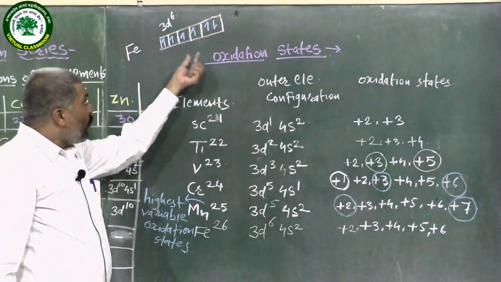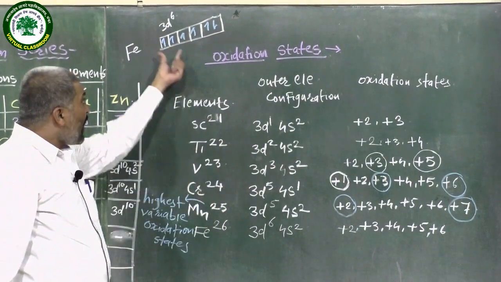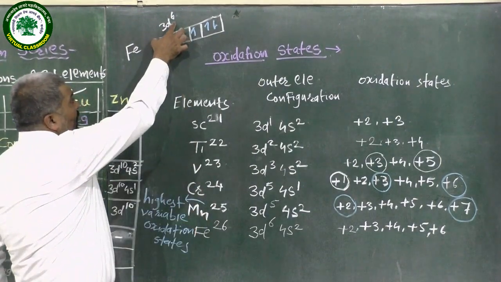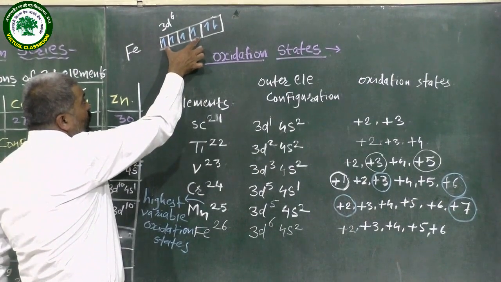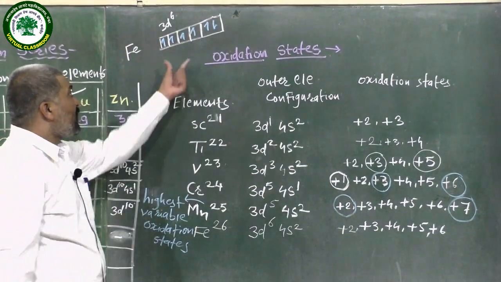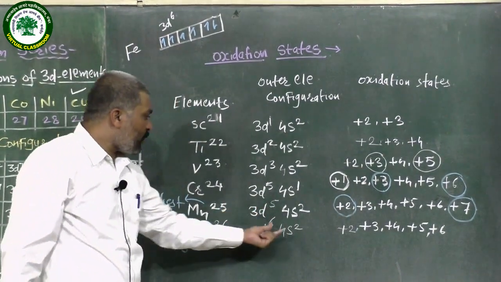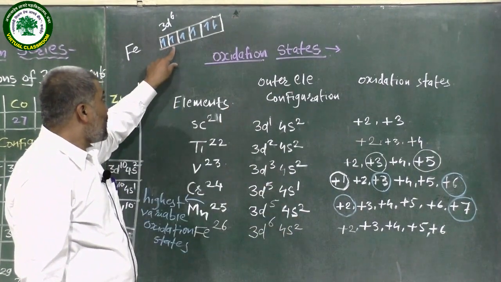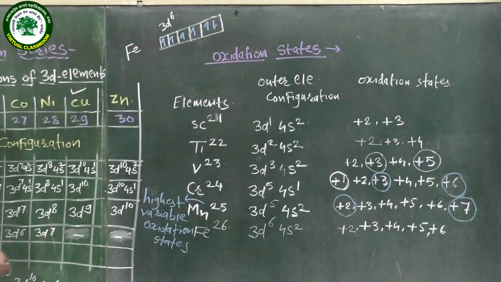We know that only those electrons take part in bonding which are unpaired, and in case of iron, the configuration is 3d6, so only 4 unpaired electrons are there. Therefore this 4 and this 2, 4 plus 2, 6. First it loses its 2 electrons, then +3, +4, +5 and +6.